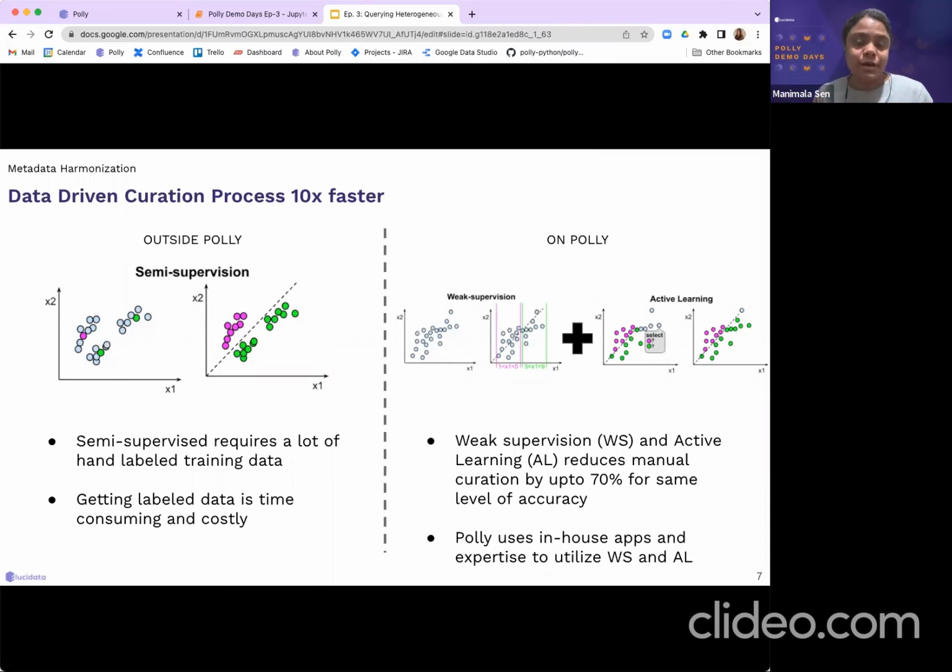If I have to leave you with some numbers, a fair estimate is that it reduces the manual curation effort by up to 70% compared to things that are done outside Poly in terms of curating data sets, harmonizing them and making them usable.